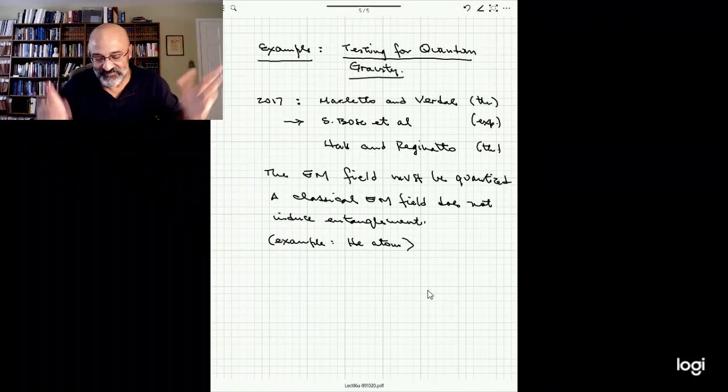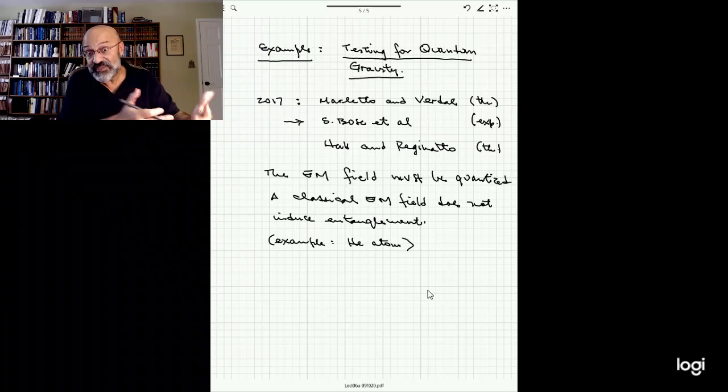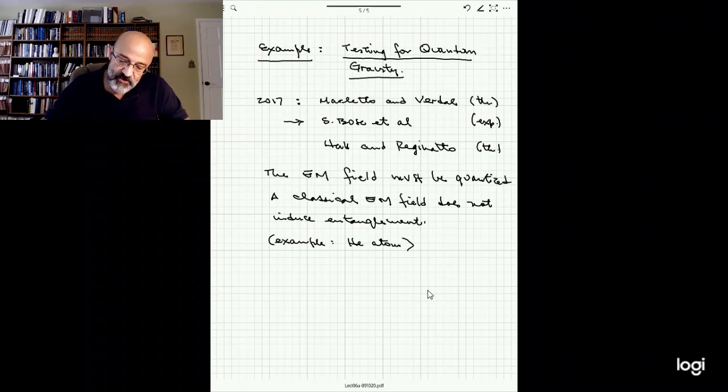But tricky experiments are not necessarily undoable. Gravitational waves have been detected, and so it could be doable. Very good.